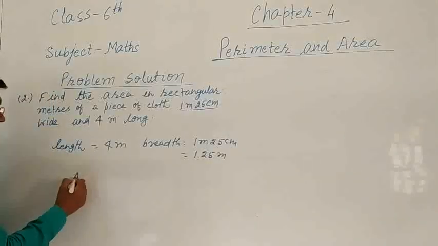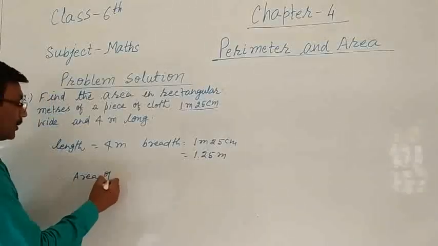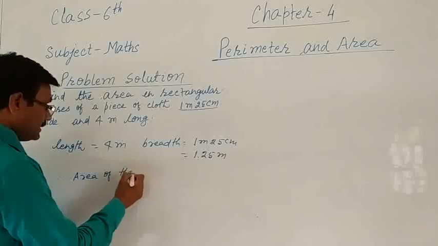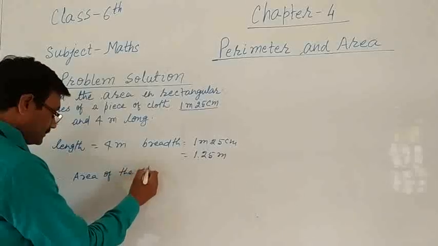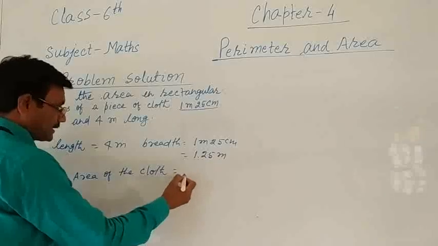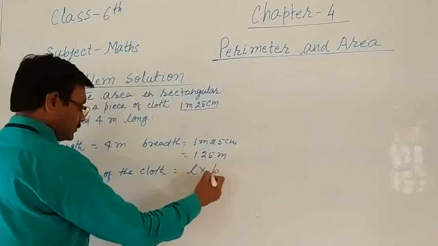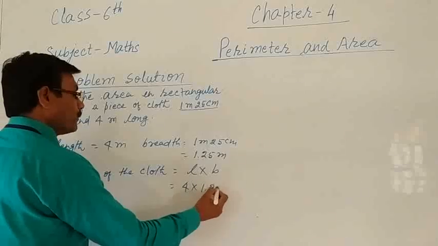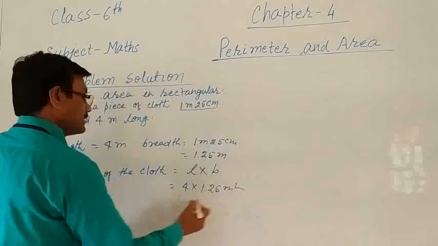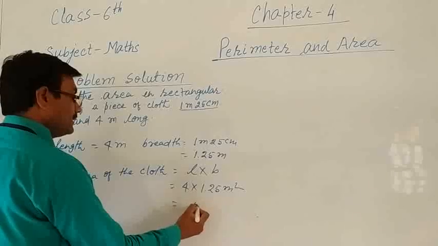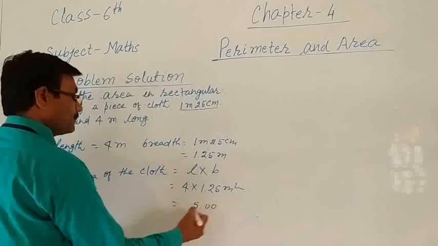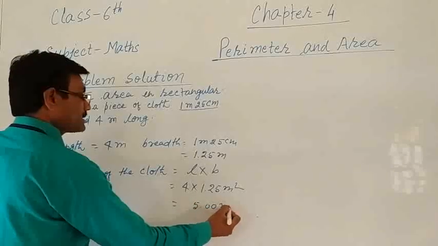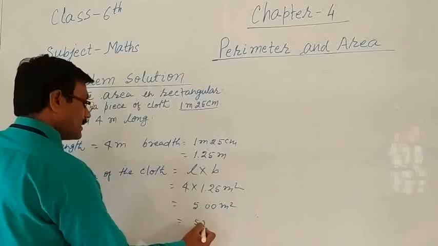Therefore, area of the cloth is equal to length into breadth, means 4 into 1.25 meter square. It will be 5.00, means 5 meter square.